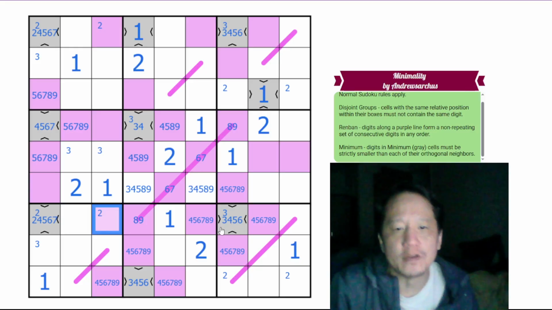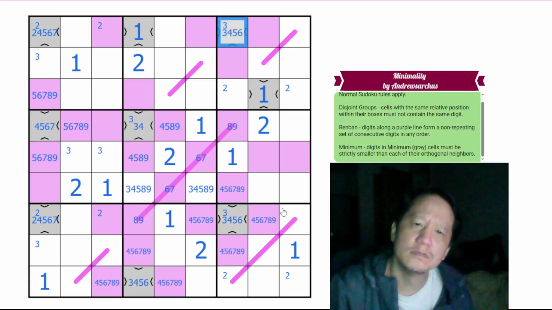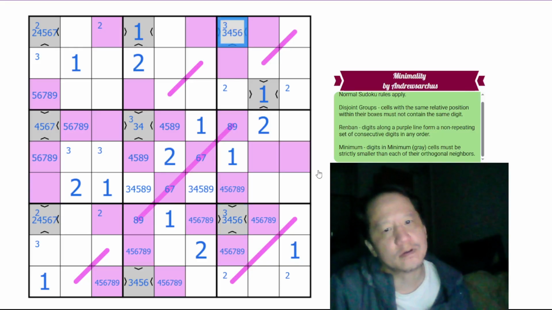Where is 7 in the upper left-hand corner? It cannot be these two. Well, why can't it be this one? Could be. It can't be this one. Why can't it be that one?